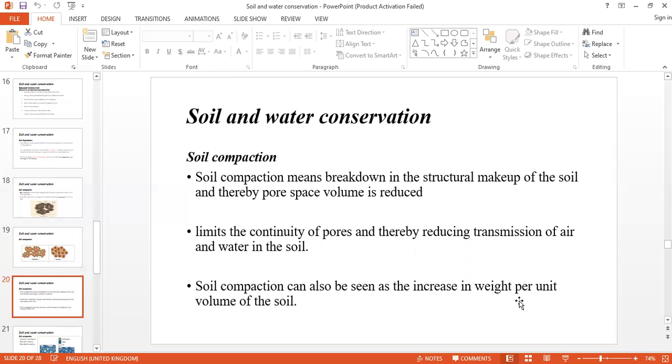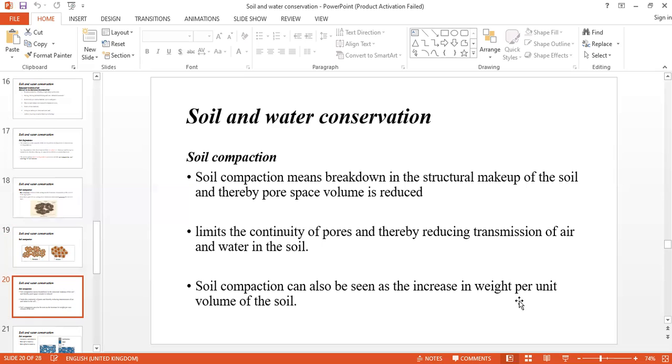So if a soil breaks down such that these pore spaces that we had are no longer there because we've compressed it, such that the pore spaces are reduced or no longer there, then we say that this soil is compacted.